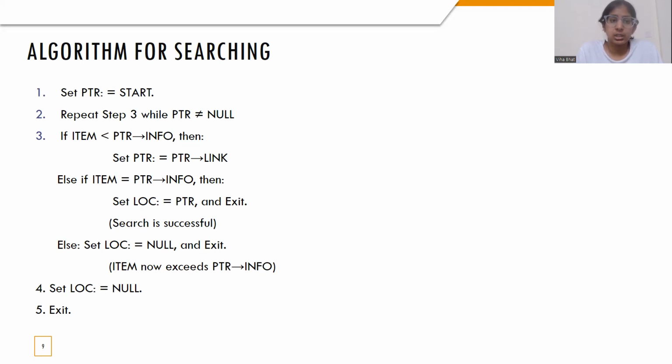So we set PTR equals to start. We repeat step 3 while PTR is not equal to null. If item is less than PTR pointing to info, then we set PTR equals to PTR pointing to link. Else if the item is equal to PTR pointing to info, then we set location equals to PTR and exit. Else we set location equals to null and exit.